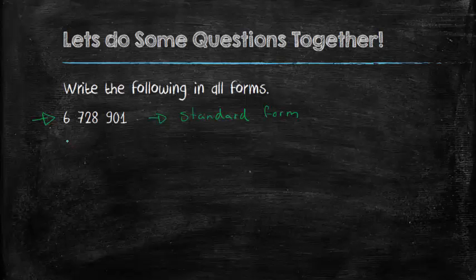Well, I just kind of said it, but I'll say it again, and we'll write it out. 6,728,000 and 901. This would be the number word form.